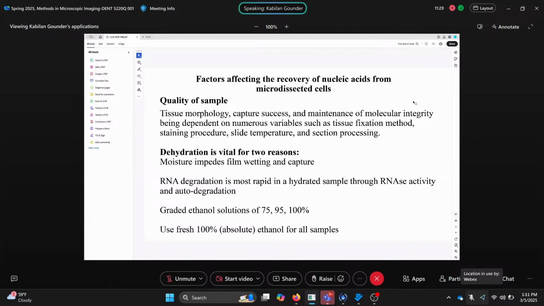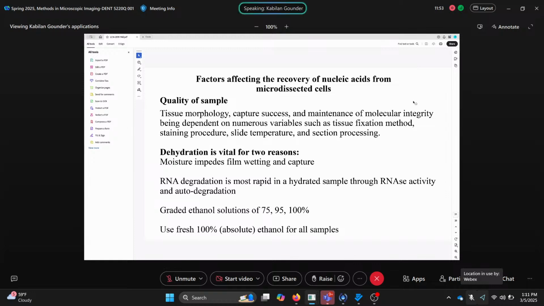And also when you take sections, they have to be thin sections, that is 5 to 10 micron thickness. Also you can see properly, you can stain it, and you can visualize the structure, and then you can isolate. So the morphology is important, and based on the morphology, it means the process.